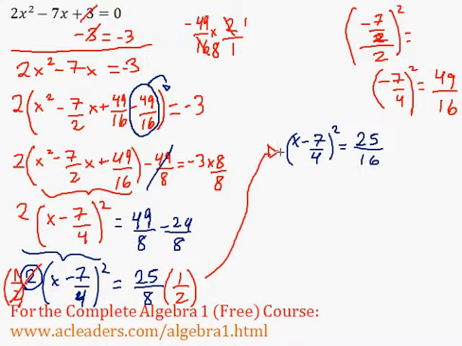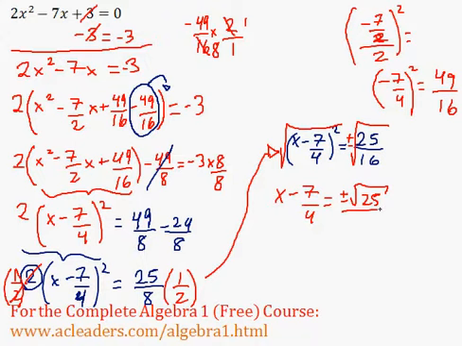Then at this point, I can actually just take the square root of both sides of the equation and get a plus or minus over here. So there we have x minus 7 over 4 equals plus or minus root 25 over root 16. You can just break down the radical like that.